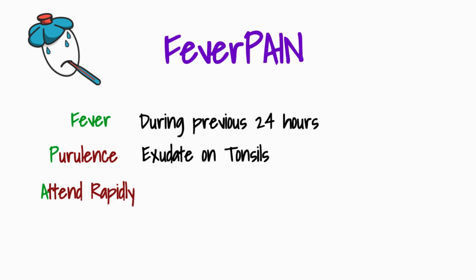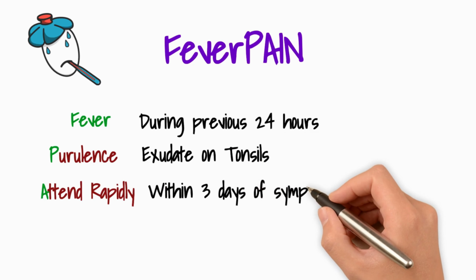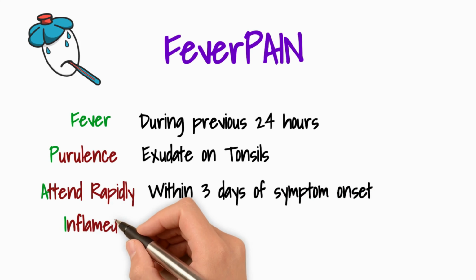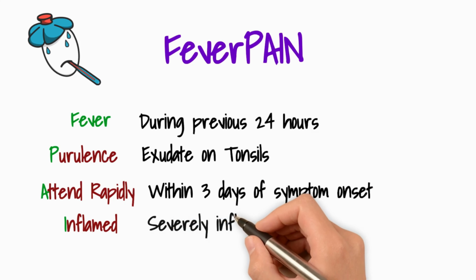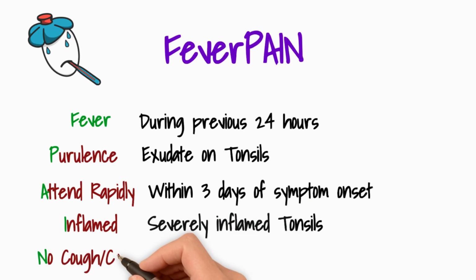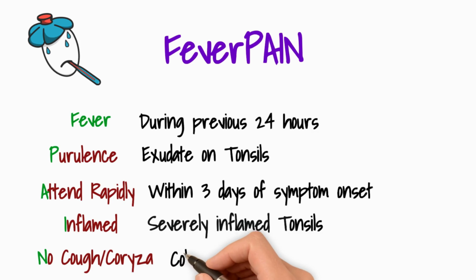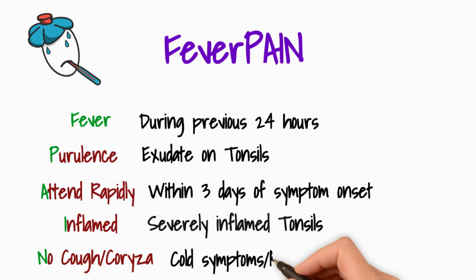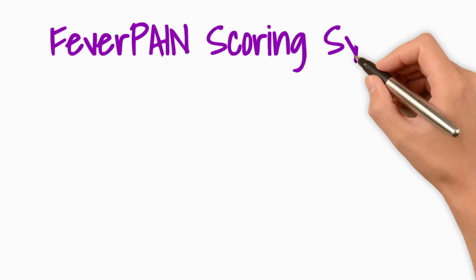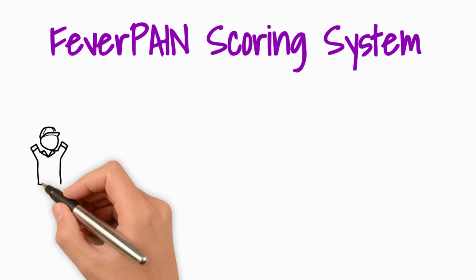So this is not a gradual decline in health. Patients will come in quite quickly after symptoms start. The I stands for severely inflamed tonsils, and you'll have the exudate on there as well. And the N is for no cough or coryza, which is the rhinitis symptoms, so all the cough and the cold symptoms basically, that shouldn't be there.